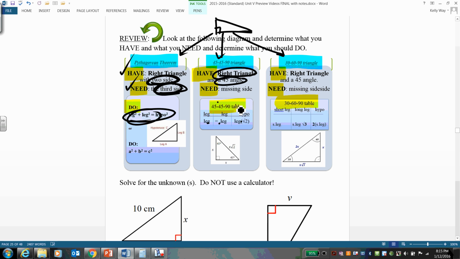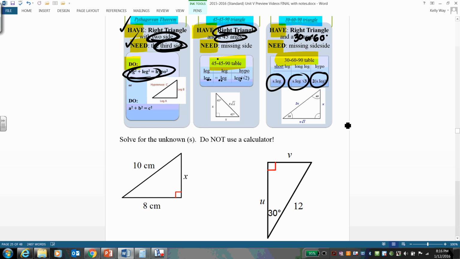If you have a right triangle with a 30 or 60-degree angle, then you have a 30, 60, 90, which goes short leg, short leg root 3, short leg times 2.